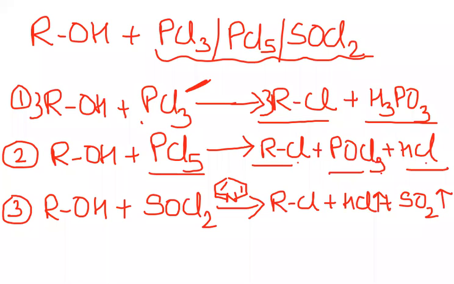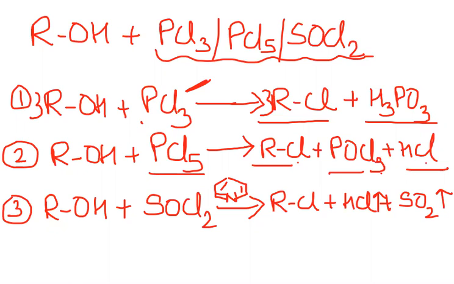All right. So one thing is certain, that all of them are going to form the haloalkanes. Obviously, if any comparison is asked, the tertiary will react most easily, then the secondary, and then the primary. Okay, so these were the reactions you had to do under the cleavage of the carbon and oxygen bond.